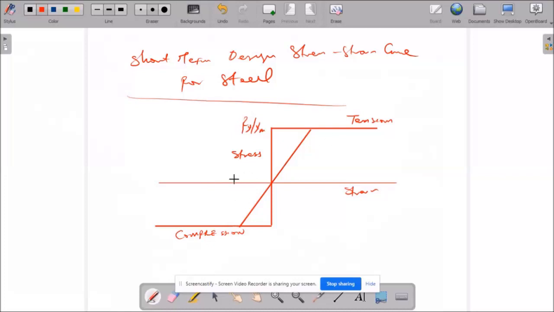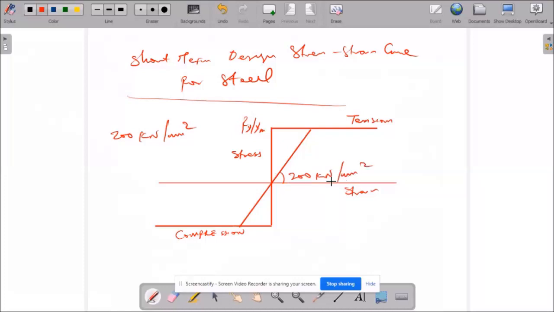We consider the elastic modulus of steel reinforcement regardless of the grade of the steel, which we may assume as 200 kilonewton per millimeter square, which is the slope of the curve. We'll put it here, 200 kilonewton per millimeter square.